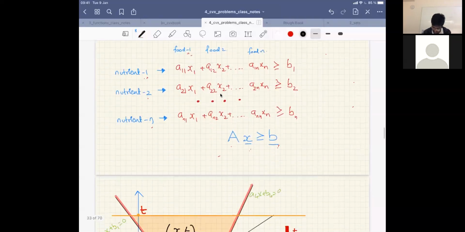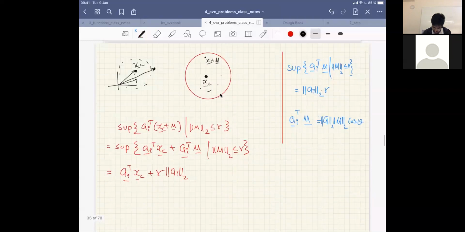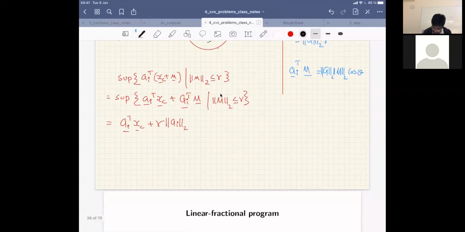I'll draw here. Yeah, there can be a function like this. This is also quasi-convex. Okay.